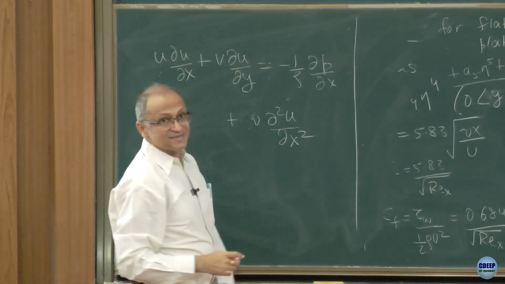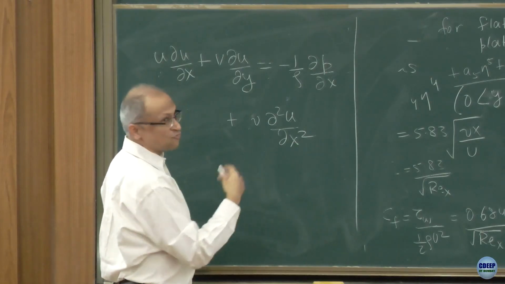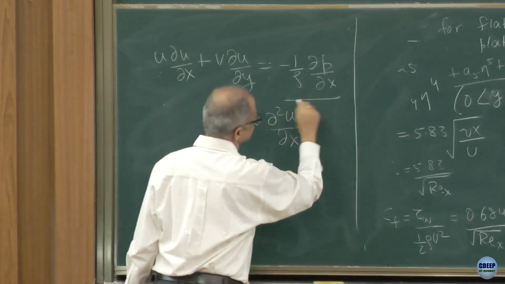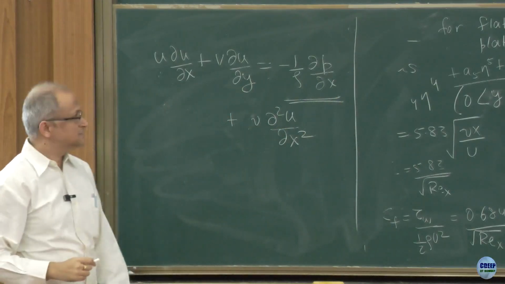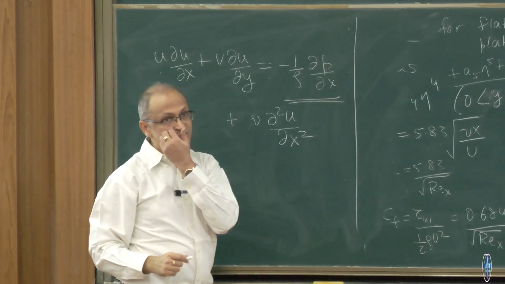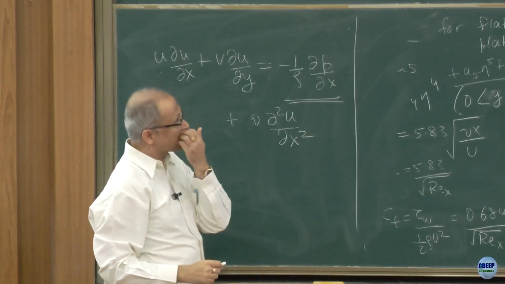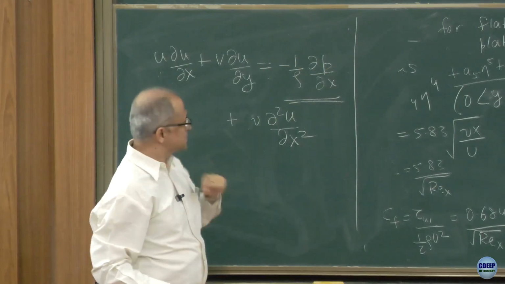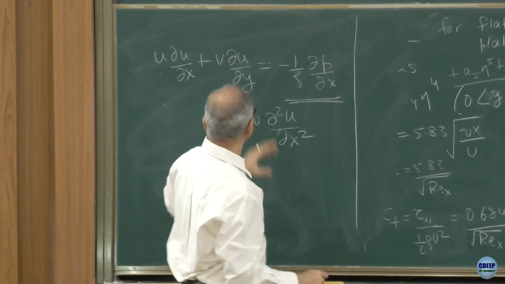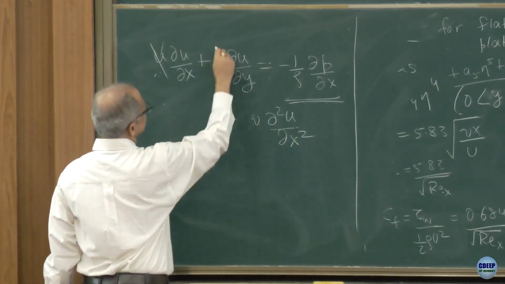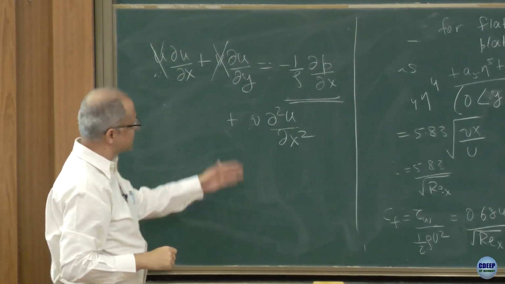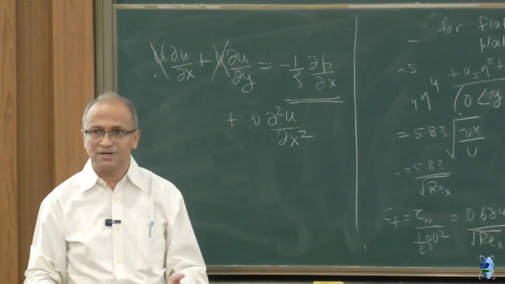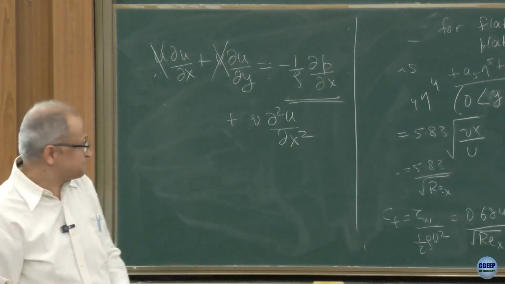Now what we are saying is that at the wall, we are retaining this term, and we have seen that ∂p/∂x could be positive or negative. If it is negative, which is the first case here, at the wall again we are going to argue that these terms are not there. So if we apply this equation at the wall, which we said is not correct, we are just going to apply it nonetheless.